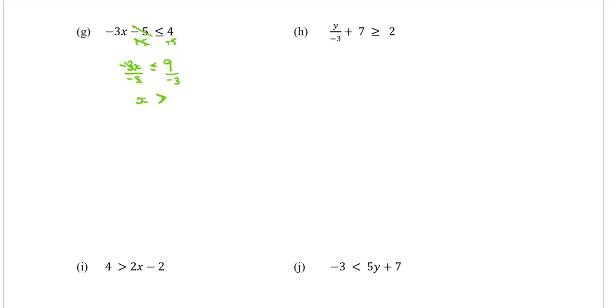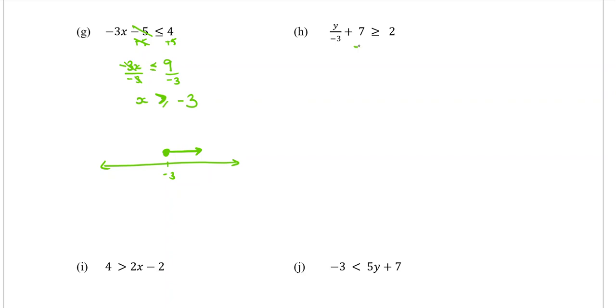I have to turn the sign around. So it was a less than or equal to, now it's a greater than or equal to. 9 divided by minus 3 is minus 3. So we have a minus 3 in the middle of our line, a coloured in dot, and greater than means pointing to the right.